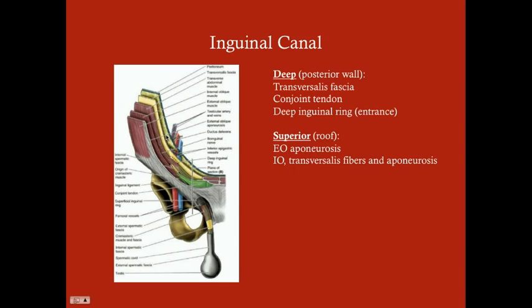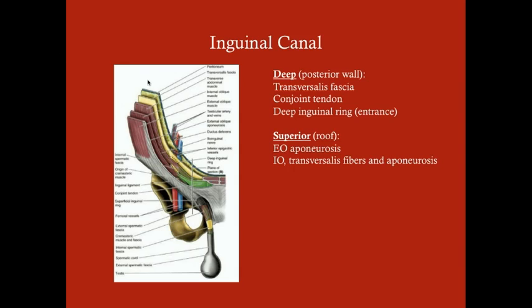The transversalis fascia is fascia underneath the transversalis muscle. The transversalis muscle is the deepest muscle when we're talking about this region. So transversalis fascia, once we get down to that region, so here's our transversalis fascia right here, we're pretty much one layer away from peritoneum. So there's not much left.